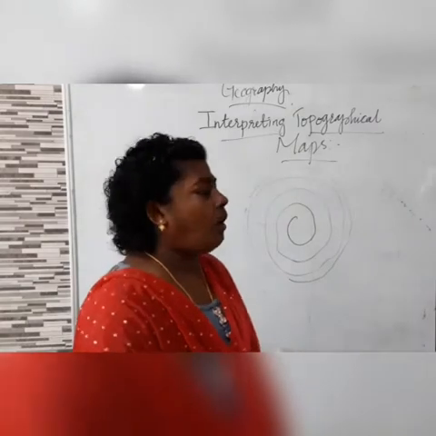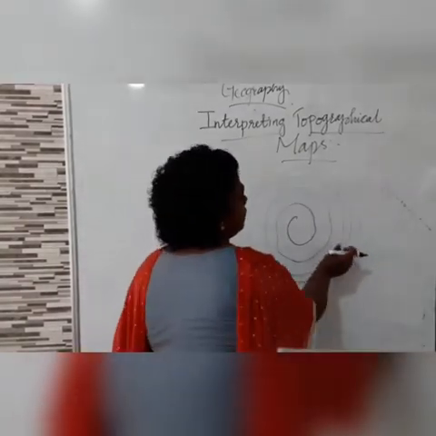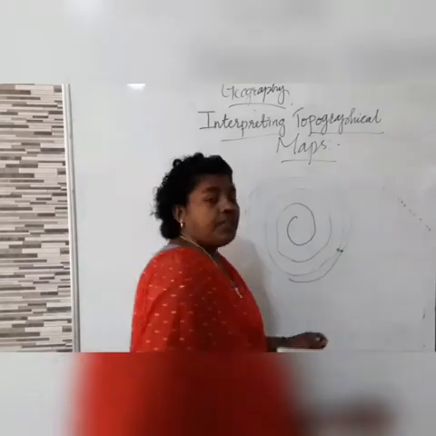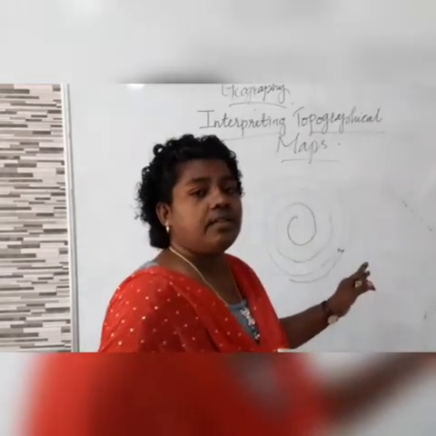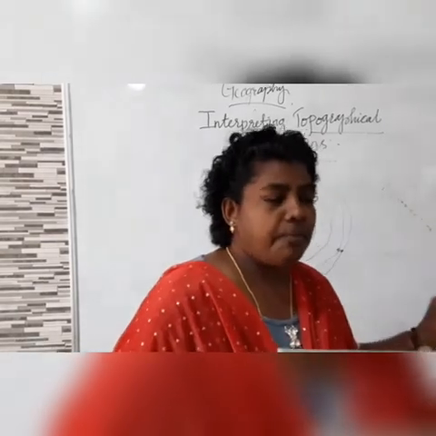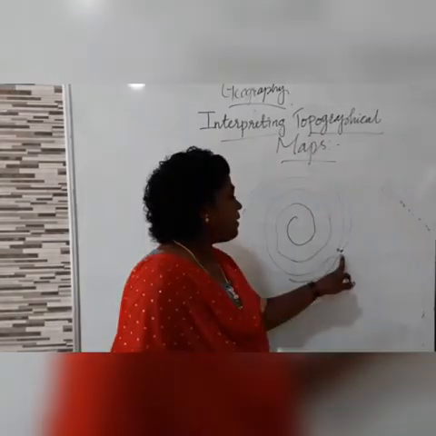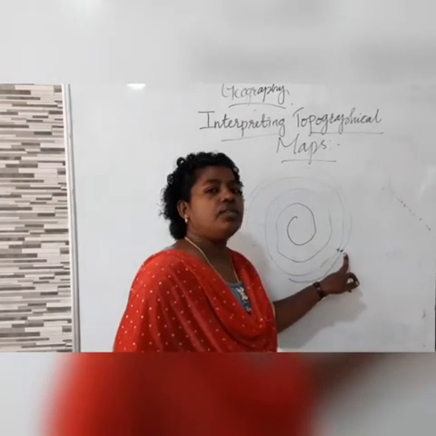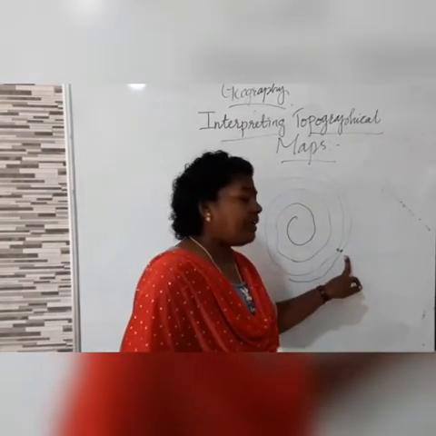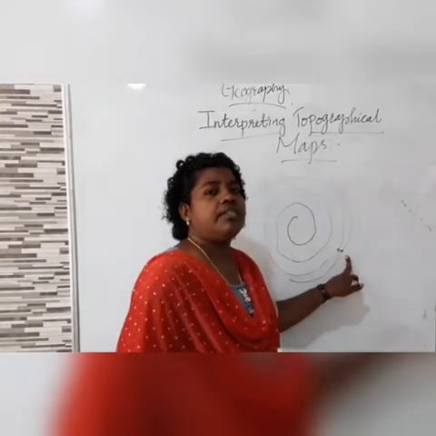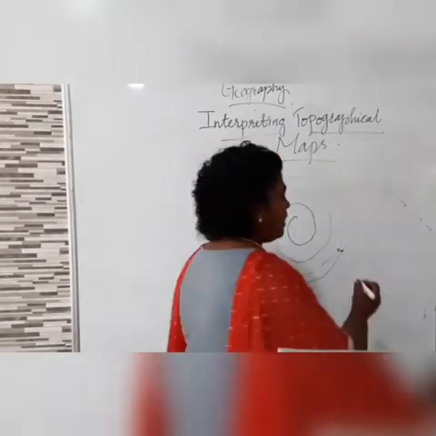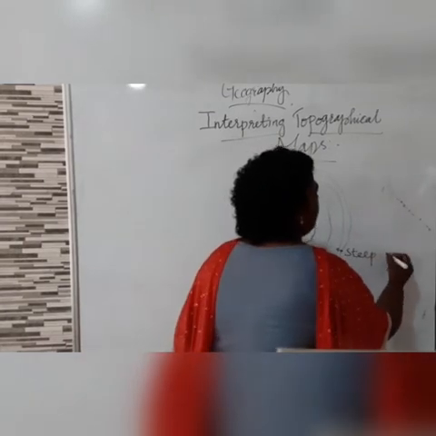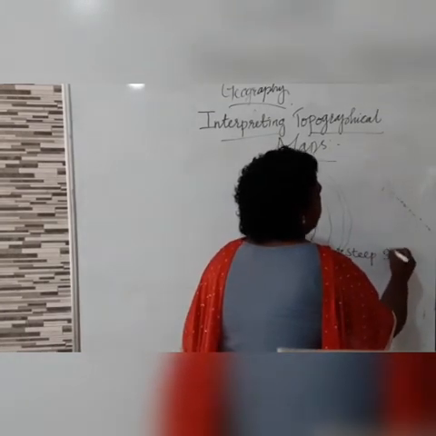If the contour lines are very close, that means that area has a steep slope. If the contour lines are close, you have to understand that it indicates the area is a steep slope. Did you understand? In a steep slope, how will the contour lines be? They will be very close.